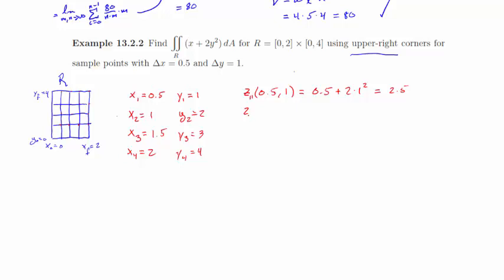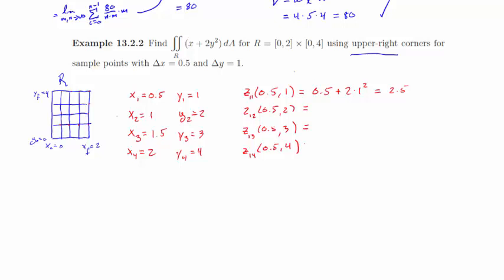So now I'm going to do z sub 1, 2 is 0.5, comma 2, z sub 1, 3, z sub 1, 4, and so we're just moving through the y values here.